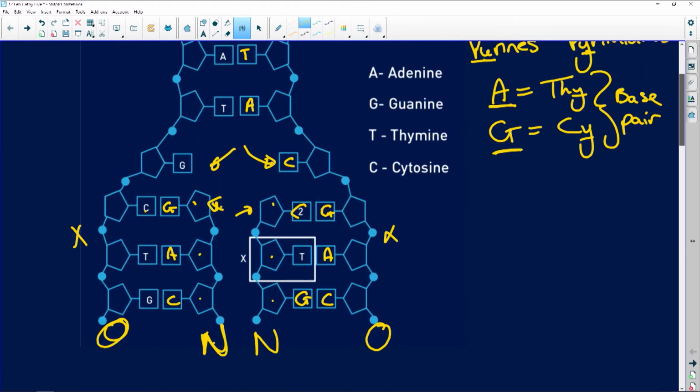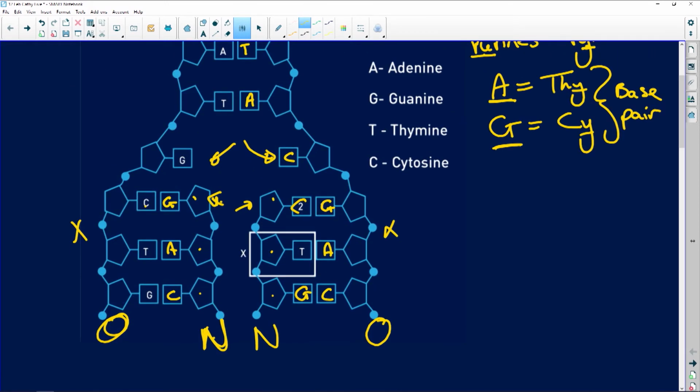Identify monomer X. Well, that's easy. Monomer X here is a nucleotide. Now remember, we spoke about in the joke, we have a phosphate, then you have your pentose sugar, which is a 5-carbon sugar. In this case, it's going to be a deoxyribose sugar.